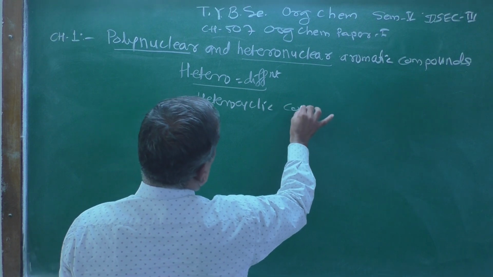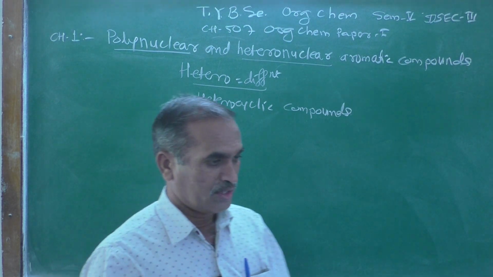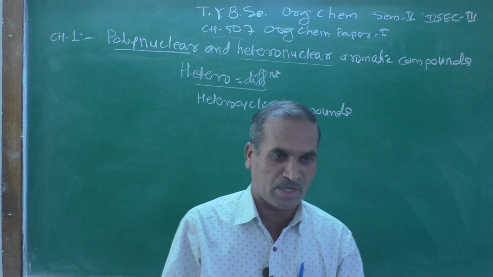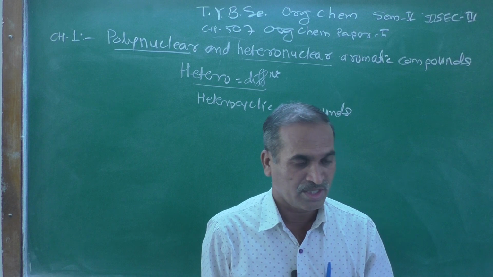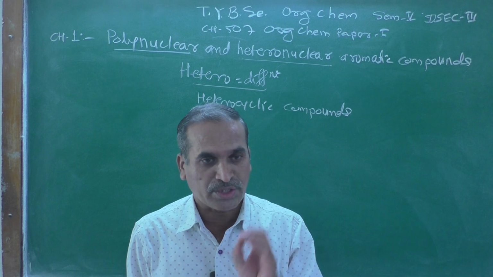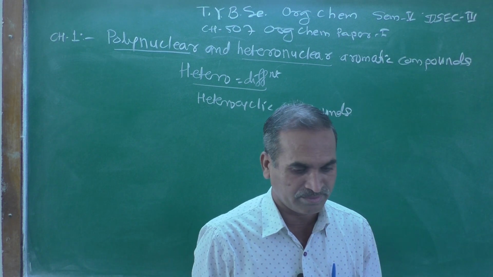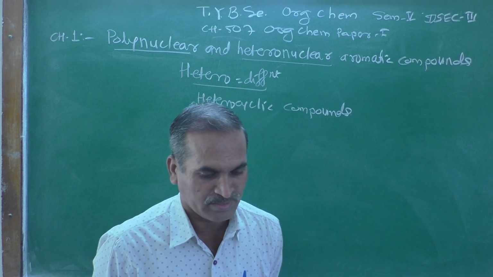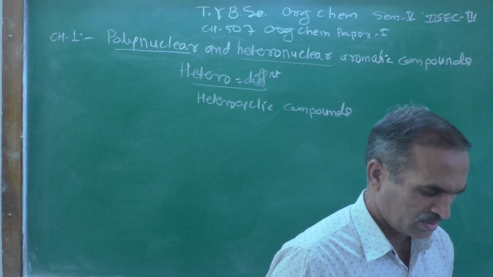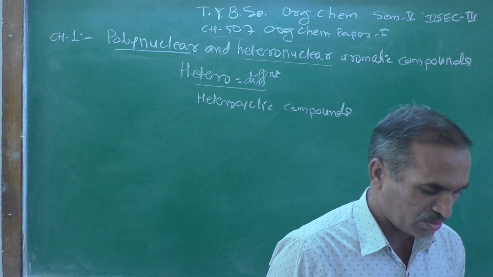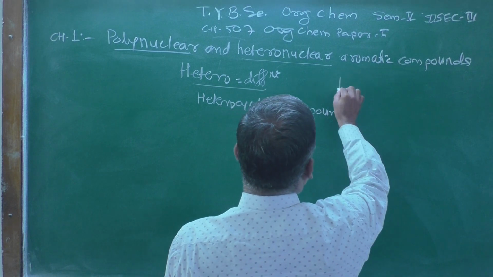Heterocyclic compounds, as we just defined, are organic compounds that contain a cyclic ring structure containing heteroatoms such as oxygen, nitrogen or sulfur. The ring may be aromatic or non-aromatic.